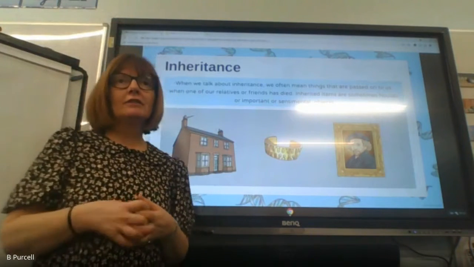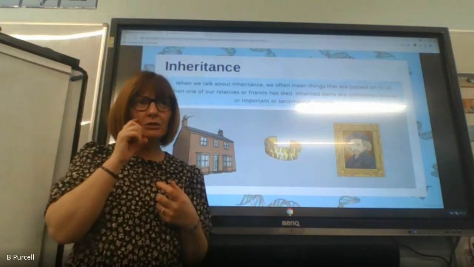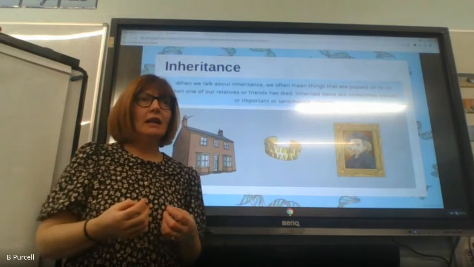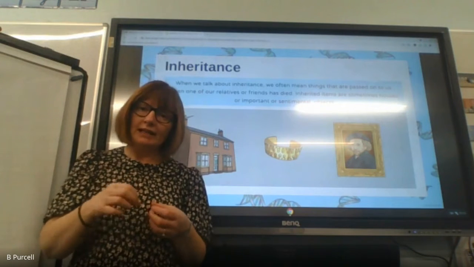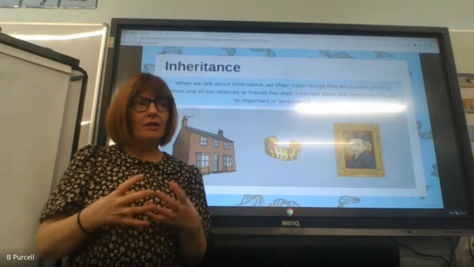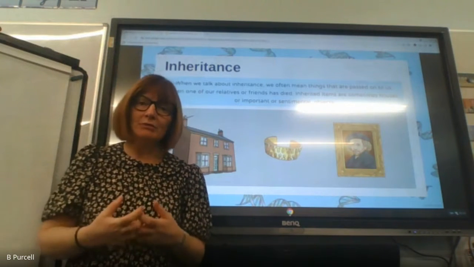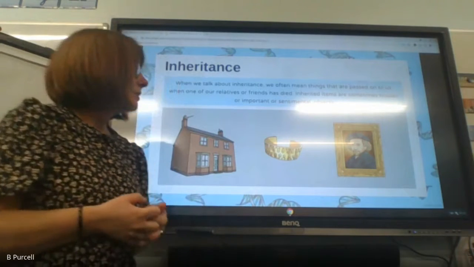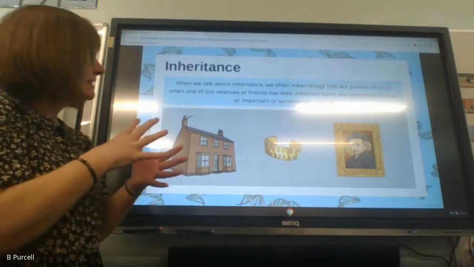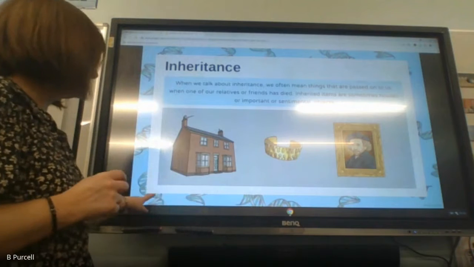And if someone in your family or close to you passes away, then sometimes you get a little memento that was theirs, that has a sentimental value and you keep forever. So that's what an inherited object is.